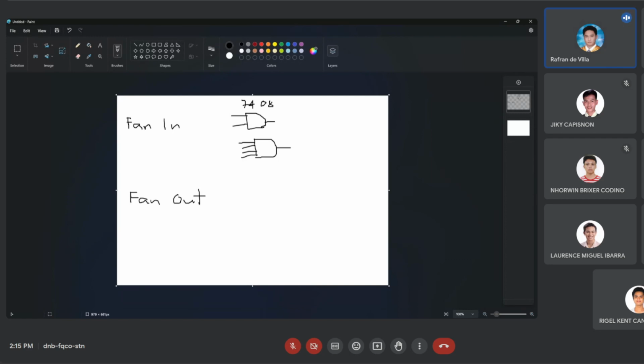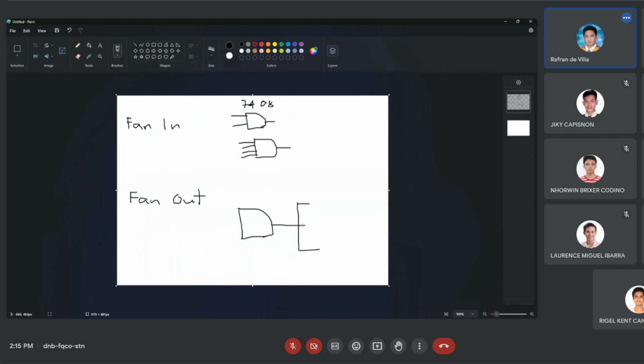So basically, when you talk about fan out, guys, it talks about the number of inputs that an output can drive reliably.